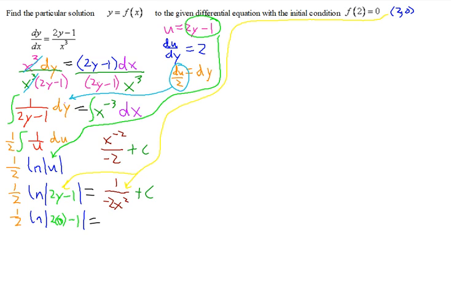So 1 over negative 2 times 2 squared plus c. So that becomes 1/2 natural log absolute value of negative 1 equals negative 1/8. 2 squared is 4 times negative 2 plus c.